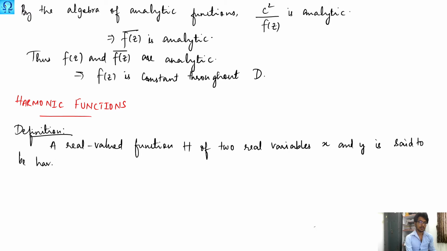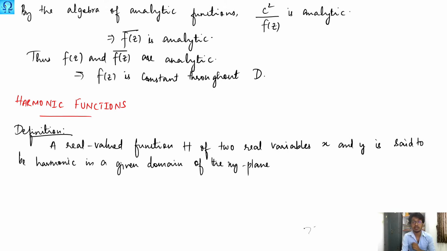harmonic in a given domain of the xy plane. So in our course, till now we have been talking about the complex plane, the z plane, but here we are calling it the xy plane.